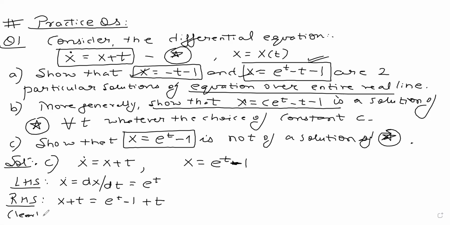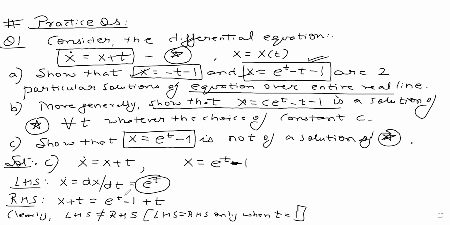Clearly, what we learn, LHS is not equal to RHS. Okay, and we can write that LHS will be equal to RHS only when t is equal to 1. You can see that this will be equal to this only when t is equal to 1.